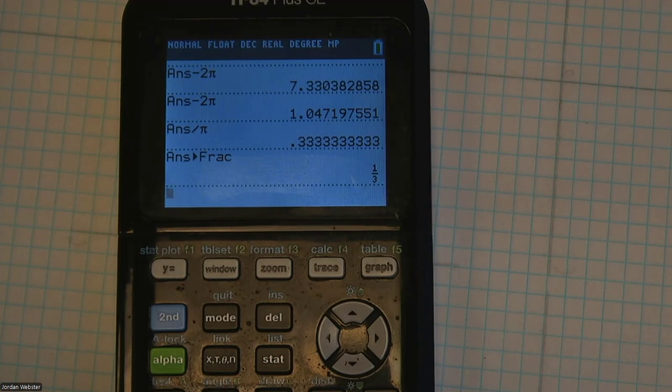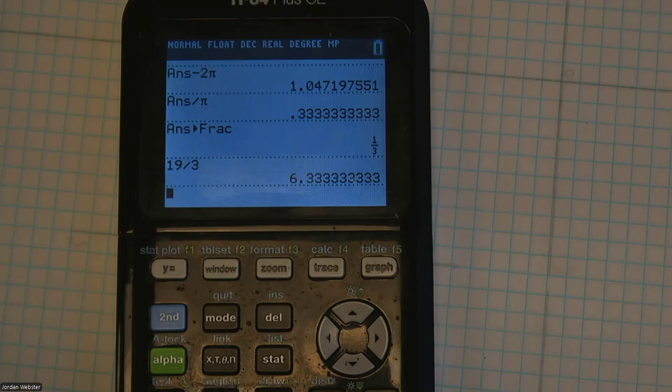Now, there's another way to do this as well. And that is to ignore the pi for a second.